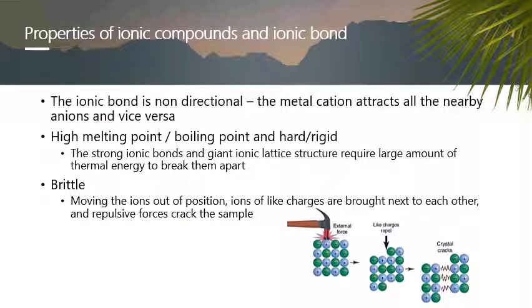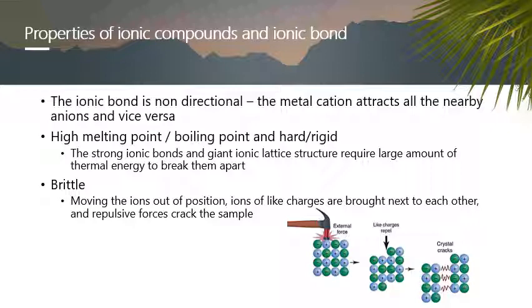Now let's look at the properties of ionic compounds and ionic bonds. Ionic bonds are non-directional in that the metal cation attracts all the nearby anions and the anions attract all the cations as well. They have high boiling point, high melting point, and are hard or rigid.